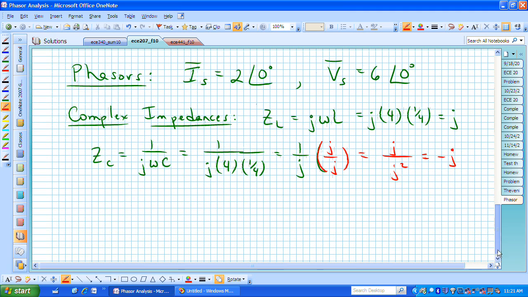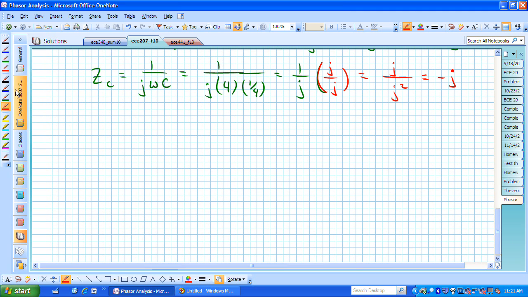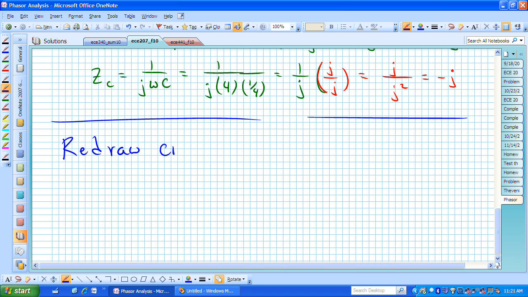We're now in a position to redraw that circuit and start playing with algebra, but with complex numbers.